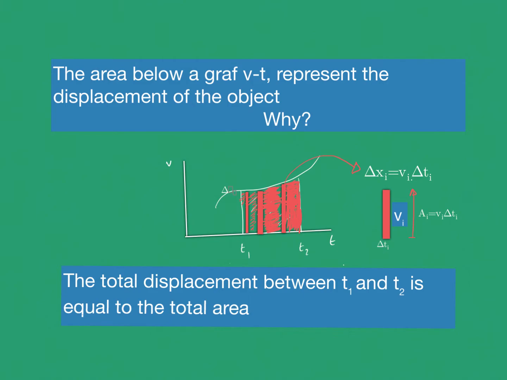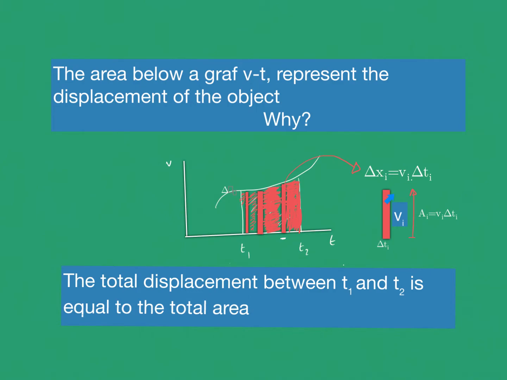But why is that? Imagine that you move from here to here. Let's take this small delta t, delta ti. What is vi, the velocity? At this delta t, there is a velocity. What is vi times delta ti?